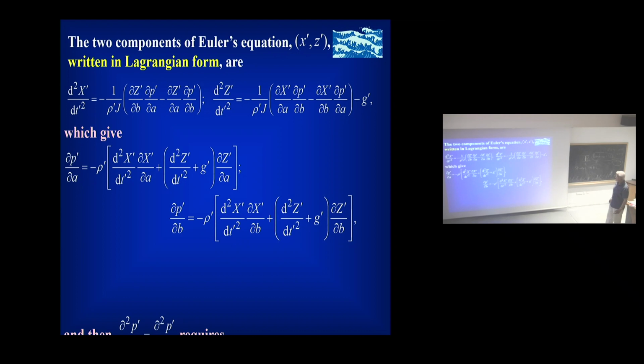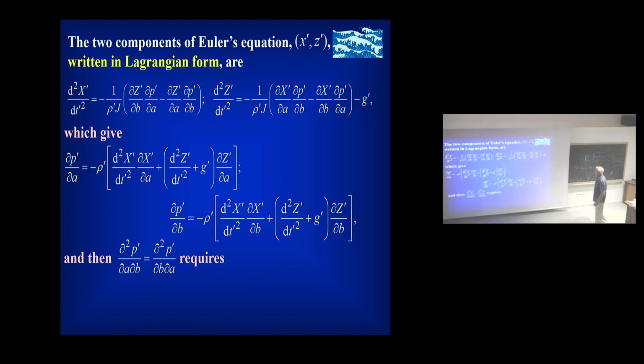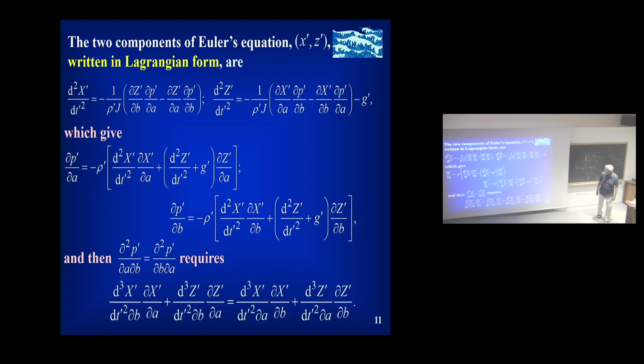Okay, so we now wish that the second derivative does indeed exist, the cross derivative here between A and B on P prime, so a consistency condition is required and we impose it, and that gives us the equation at the bottom there. At this stage, there is nothing about water waves here, other than the equations we're using.